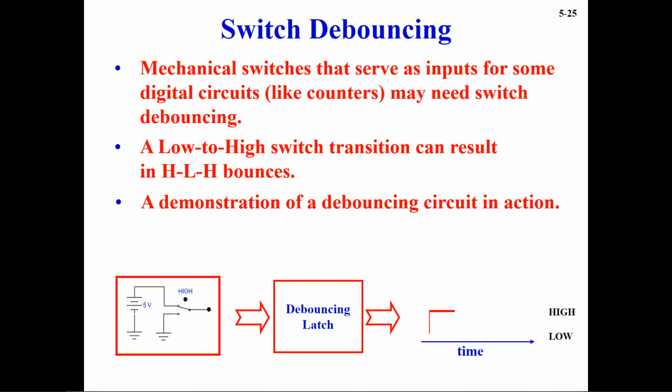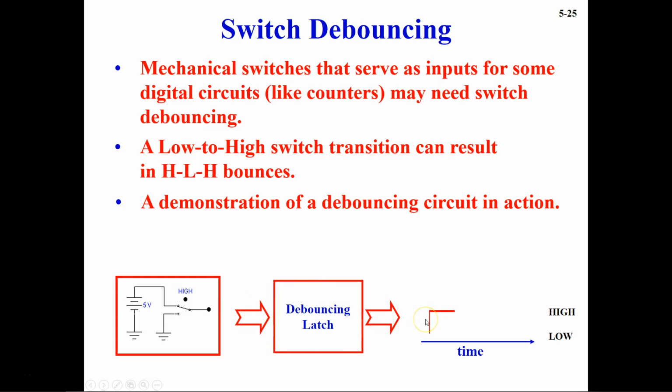Okay, so for that we use debouncing latches or debouncing switches. So you can see in this particular demonstration that this is some digital circuit, and this is the mechanical switch, connected to the high and low, and this is further connected to a debouncing latch.